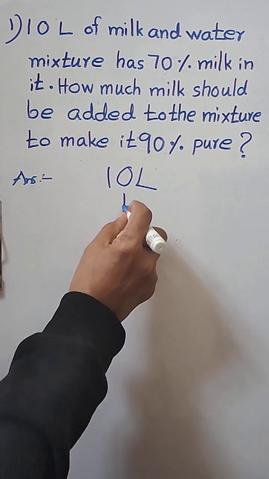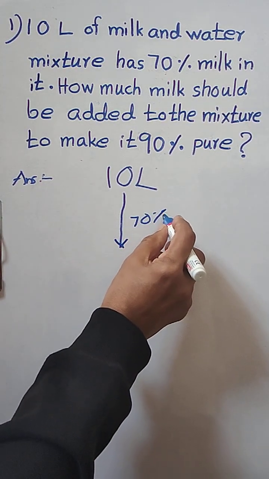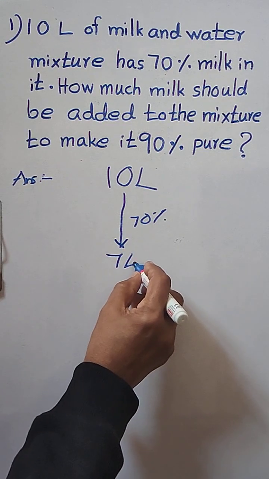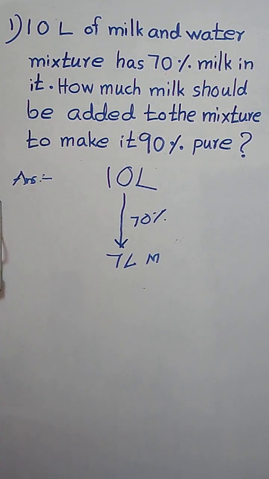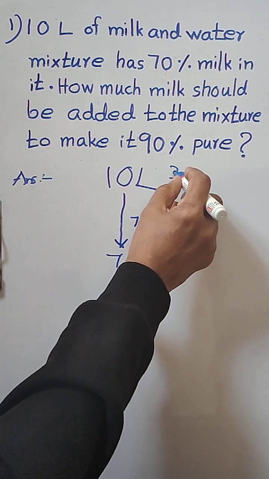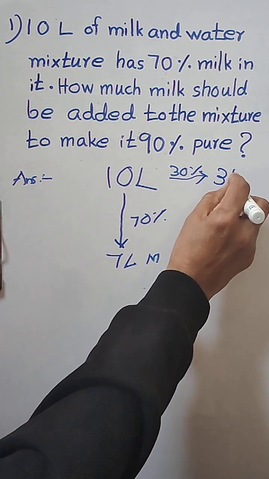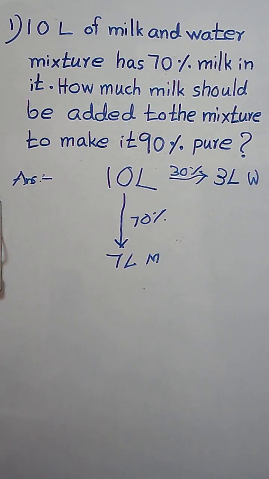Now 70% is milk. That is 7 liter is milk. Let us represent milk as M. The remaining is 30%, that is 3 liter is water. It is represented as W.